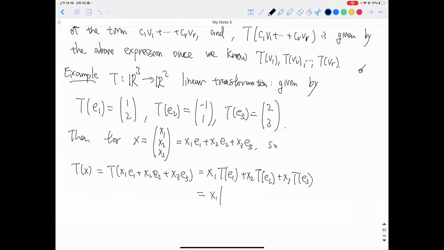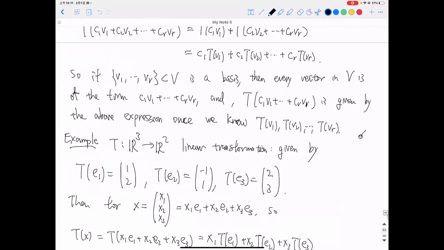And now we can write these out explicitly. T of E1 is given as above, so are T of E2 and T of E3. And that gives us (X1 minus X2 plus 2X3, 2X1 plus X2 plus 3X3). So this gives a general description of the linear transformation.